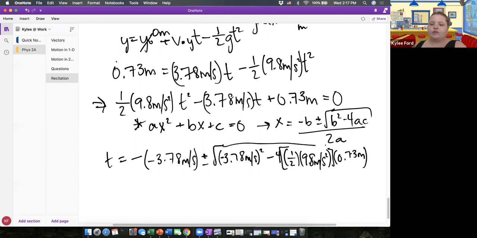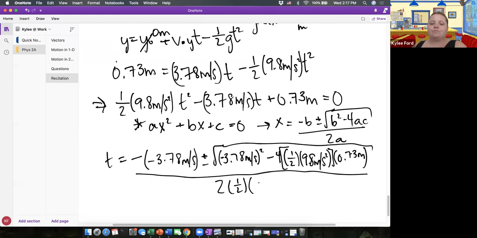Okay, so this is all under square root. Then we divide that by 2 times 1/2 times 9.8 meters per second squared. Okay.